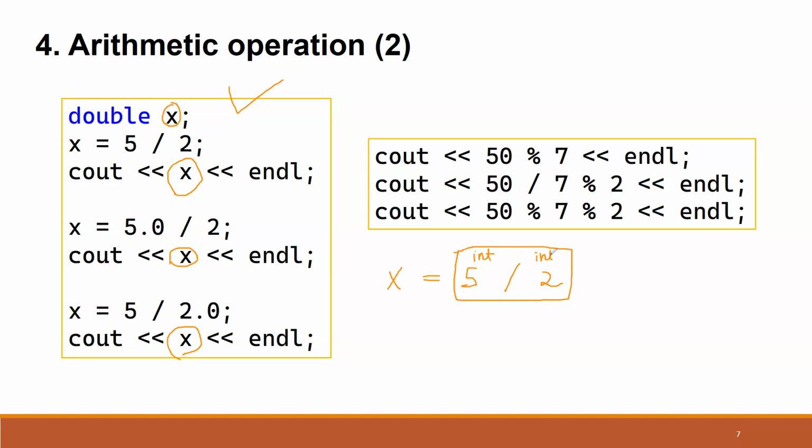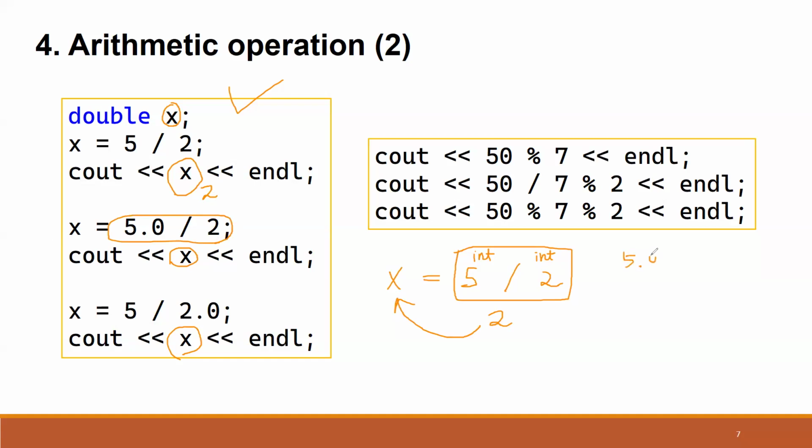Int divided by int will give you the quotient, so the computer will give you 2, and 2 is saved in X.